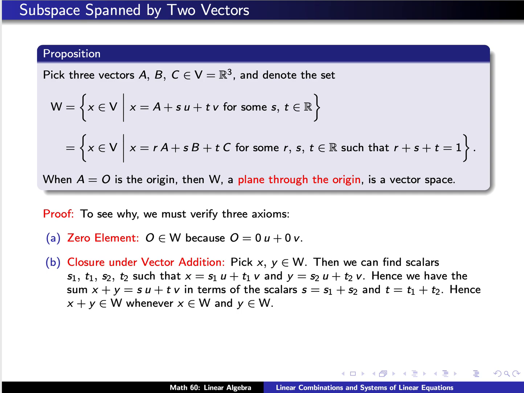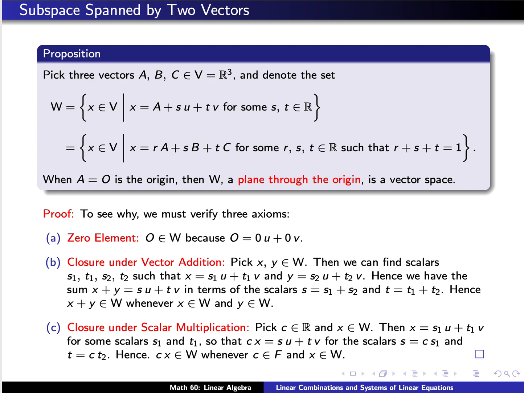These are just other real numbers. Therefore, x plus y is in the same form as our definition for W, so we see that x plus y is also an element of W. We'll let you check here that a very similar argument holds if you want to check that W is also closed under scalar multiplication. It's pretty much the same idea.